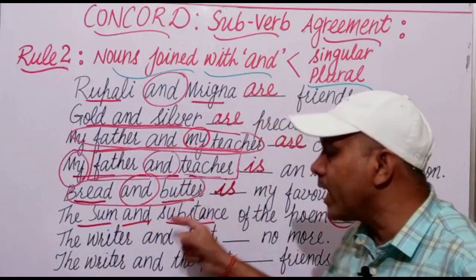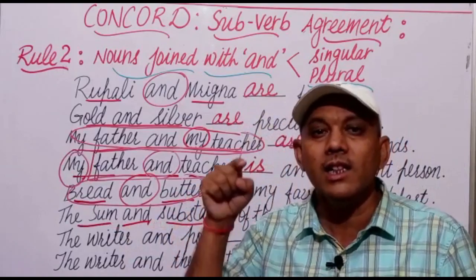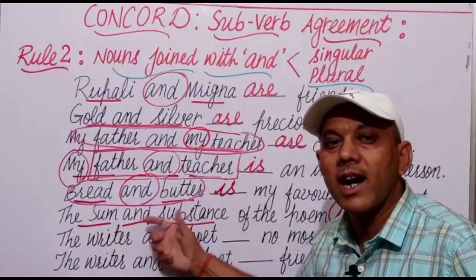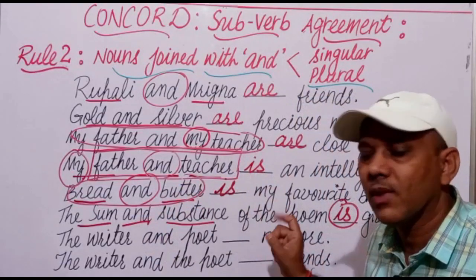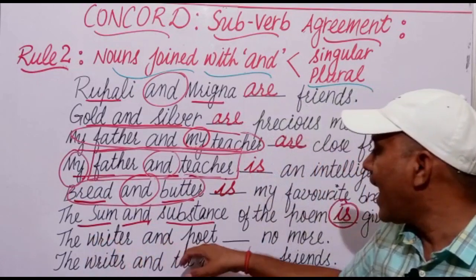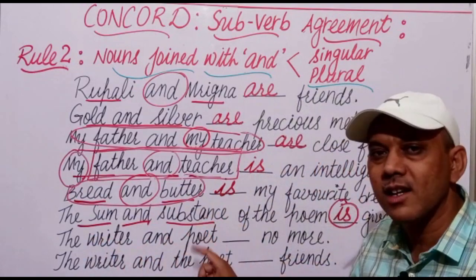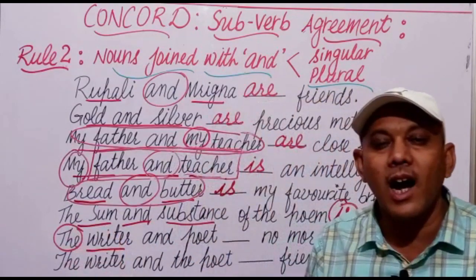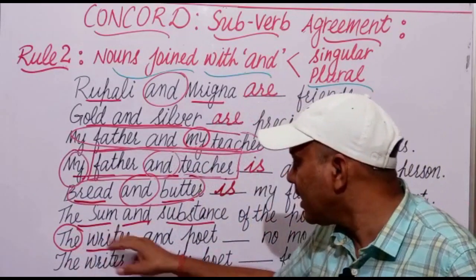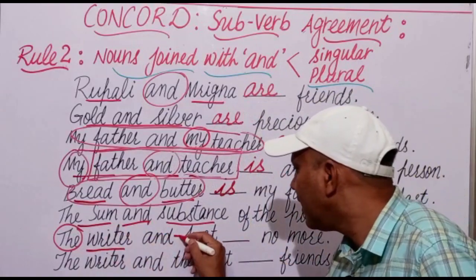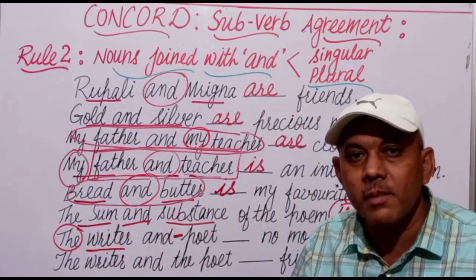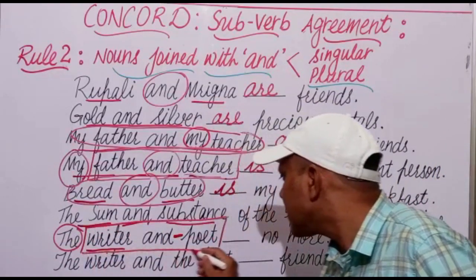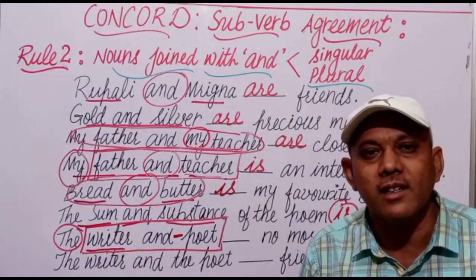If it refers to a single person, a single thing, a single idea, it becomes a singular subject and it takes a singular verb. Next is the writer and poet. The same thing is here. This noun writer is preceded by the article the, writer and poet. But here there is no article, there is no determiner, which means this the refers to or modifies this noun as a single person.